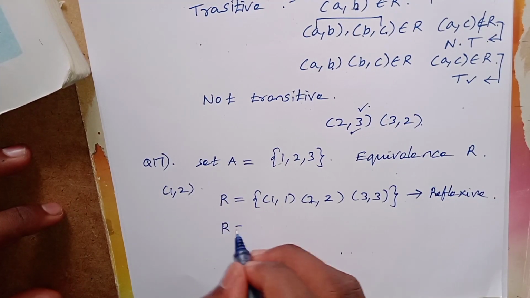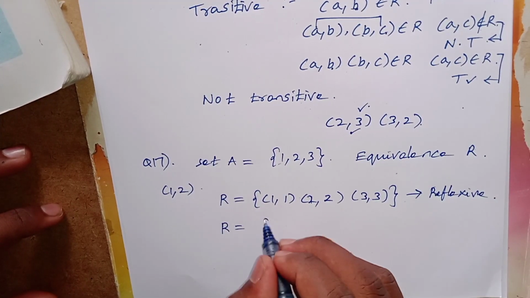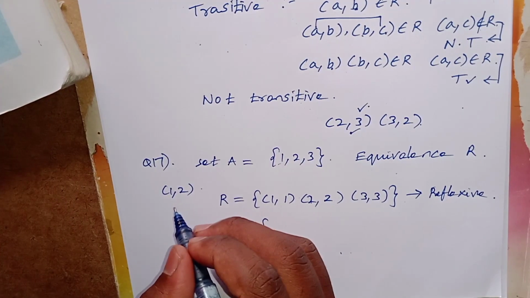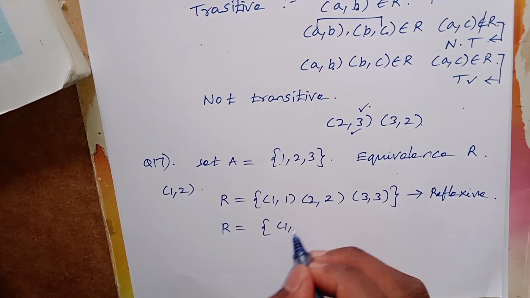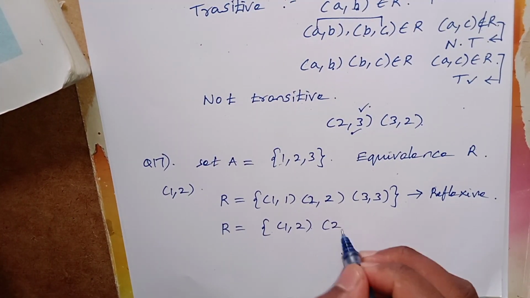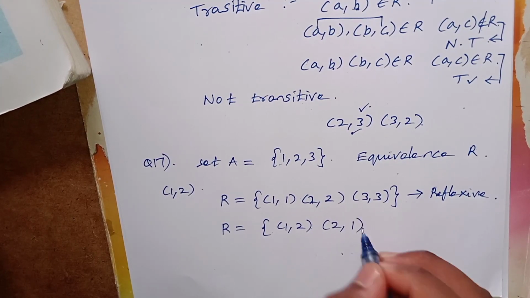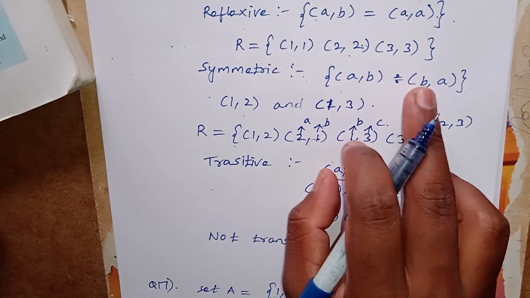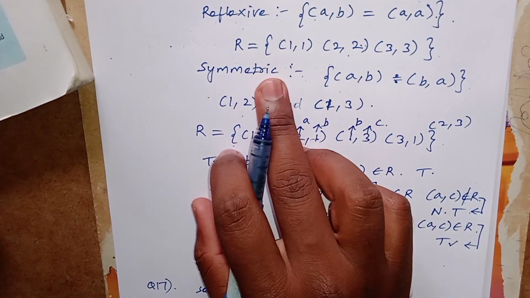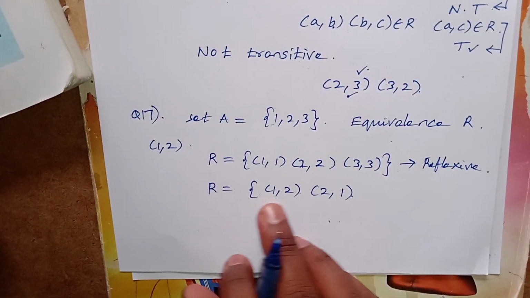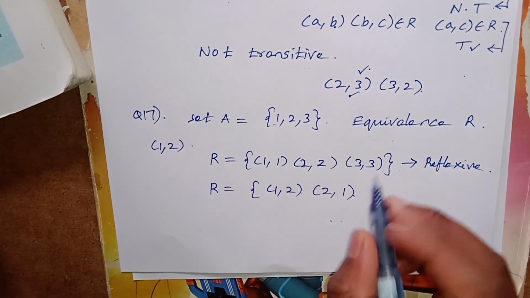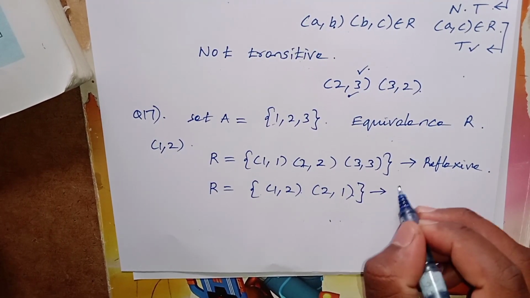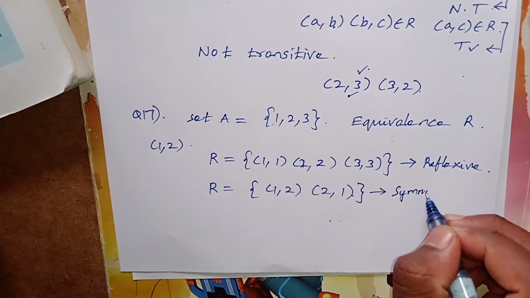Next, the given relation R has only one term, (1, 2). Its symmetric inverse, (b, a), is (2, 1), therefore it is symmetric.